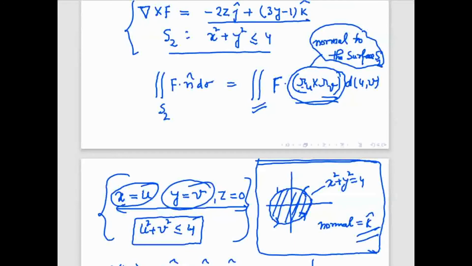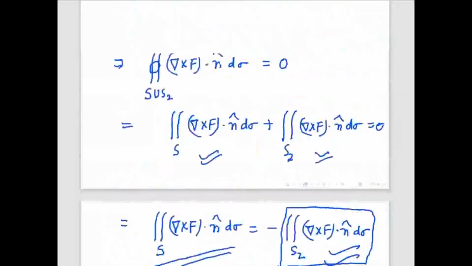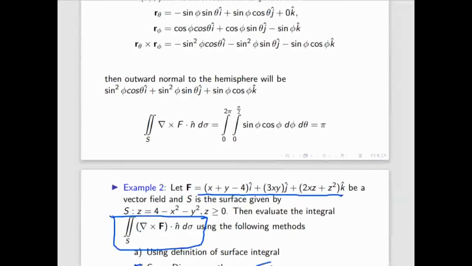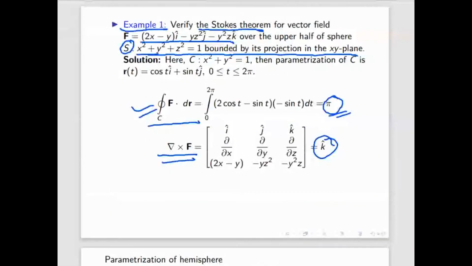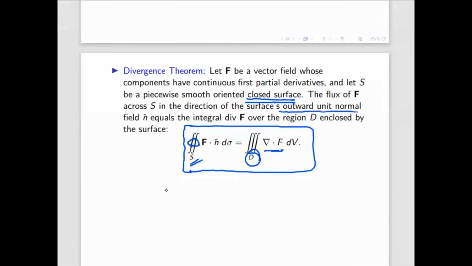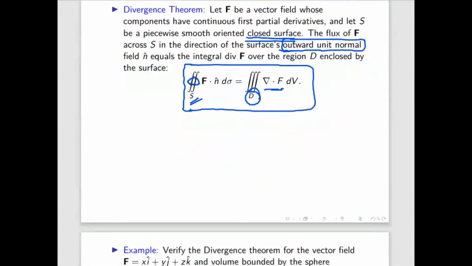Plus and minus, how will we decide? We decide it by the outward direction, the outward normal. The statement for the divergence theorem says outward unit normal to the surface. That means the normal direction should be outside the surface, not inside. So if you have a surface like this cone, and this is the closed part of the cone, what is the normal direction over this?